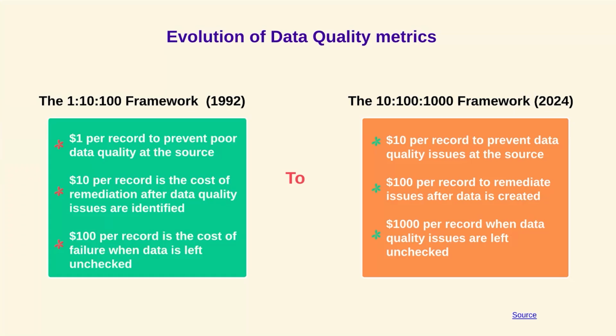It has risen by 10 times. So it's $10 to prevent data quality issues, $100 to fix those issues. And if you don't do anything about fixing the issues, it could probably cost you $1,000 per record. So this is how big the issue is growing, and the numbers are going to keep increasing every year.